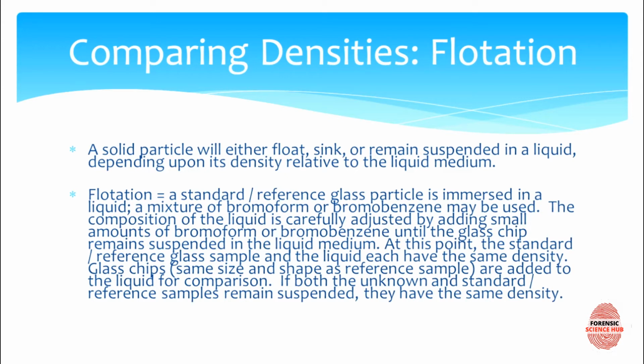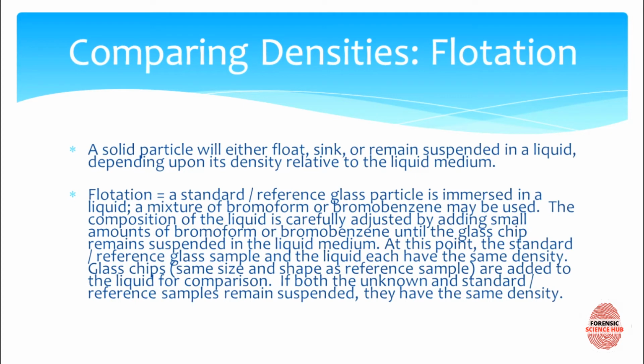In order to make it suspended, we change the proportion of the liquid. The density of the liquid will change according to the change in proportion of the liquid. So once the density of the liquid and the density of the glass are the same, it will get suspended in it. Now why do we want to do this?